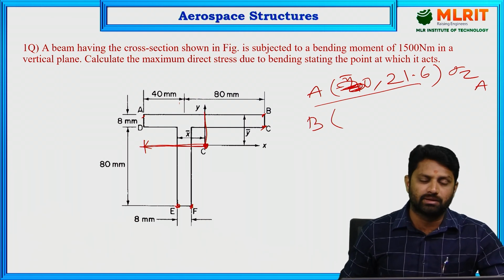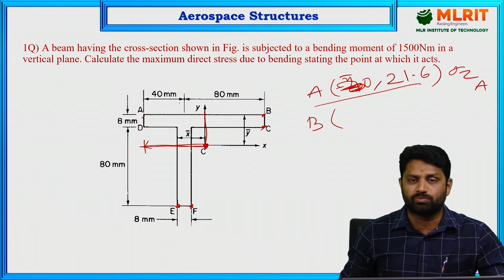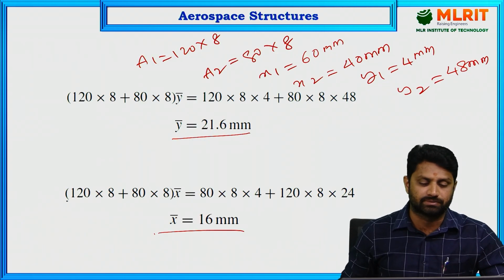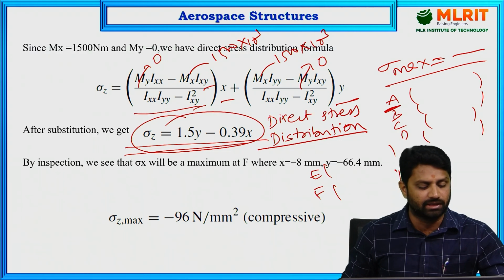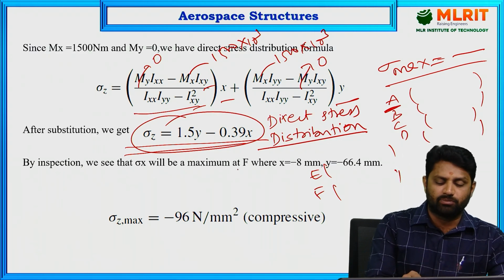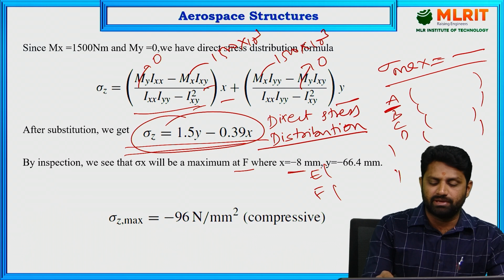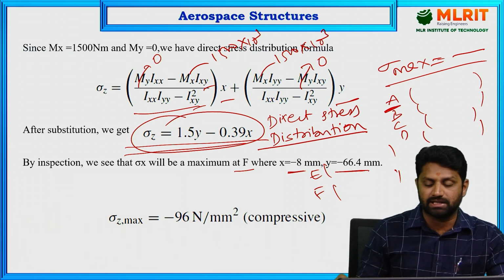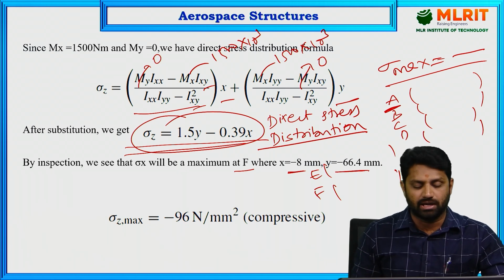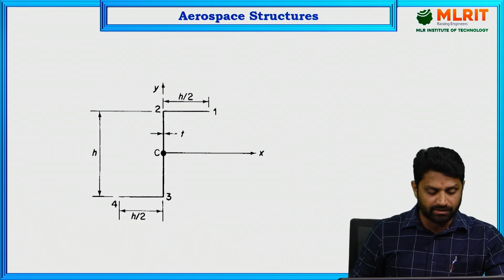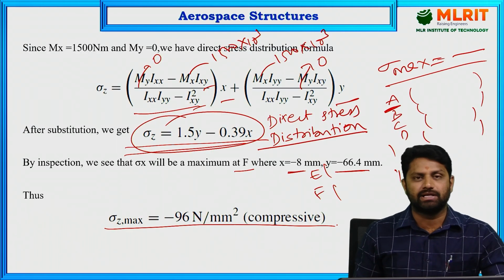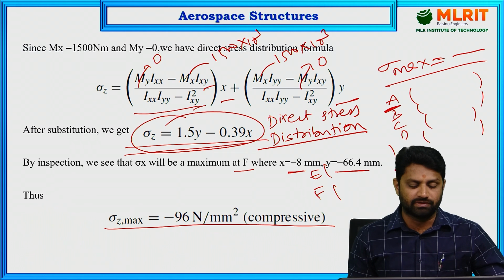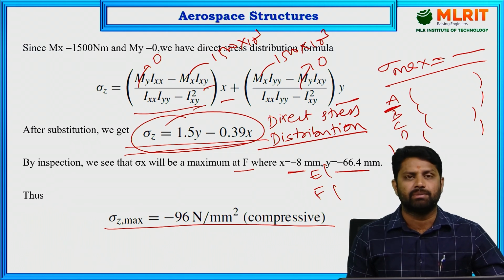Then only can you tell at which point you are going to get the maximum stress. From the analysis, stress will be maximum at point F, where x will be minus 8 and y will be minus 66.4 mm, and when you substitute in that equation, you get the maximum direct stress equal to minus 96 Newton per mm square, which is a compressive stress, but still it is the maximum stress.